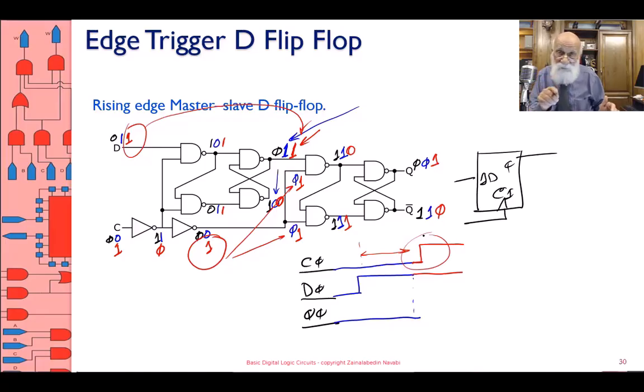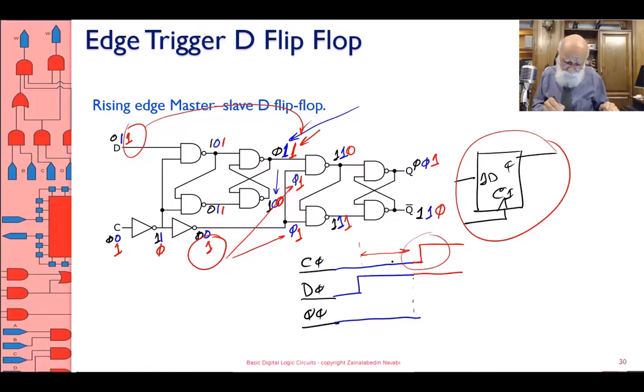So even though we are saying this is a rising edge flip-flop, the timing between the D and the rising edge must be a longer time than the edge trigger flip-flop. And therefore, this is called the master slave. The notation is this.